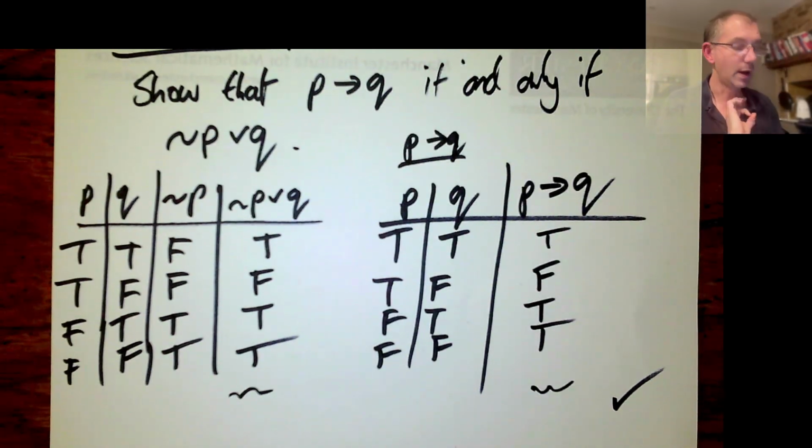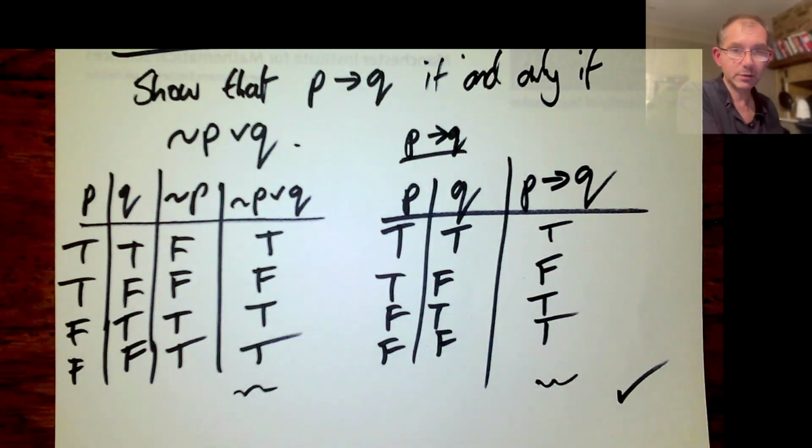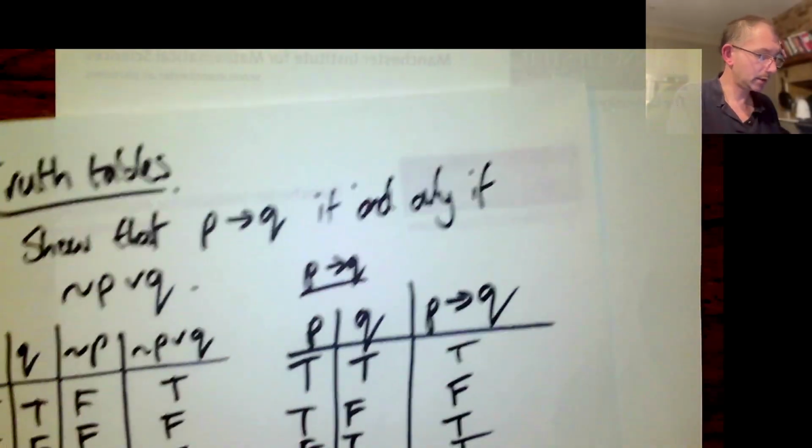Right, I'm going to do one more example of a truth table. I'm going to go through the example that is in the notes. This is example 391, but I'll do it slowly so you can see how you build it up yourself. The good thing about example 391 is that it has 3 different propositions.